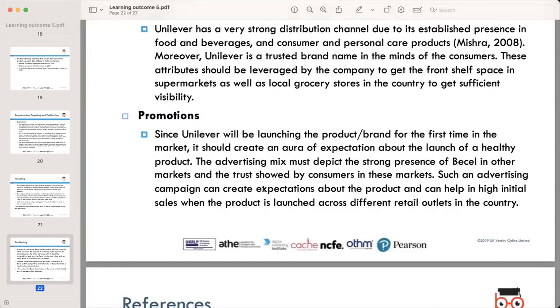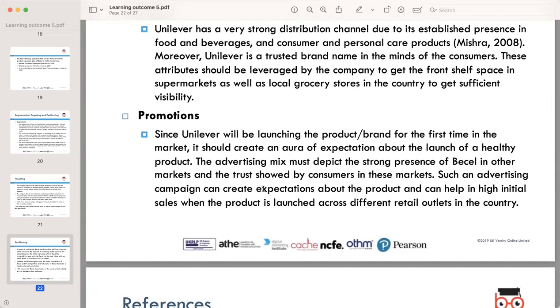So the next one is promotions. Since Unilever will be launching the product brand for the first time in the market, it should create an aura of expectations about the launch of a healthy product.